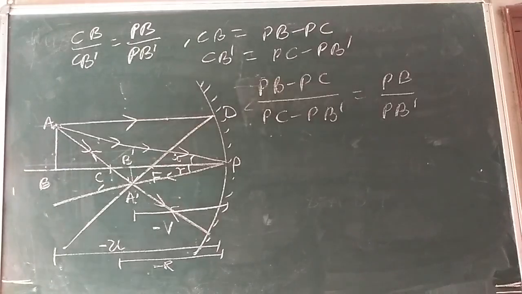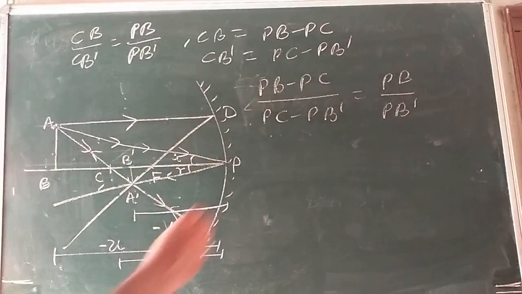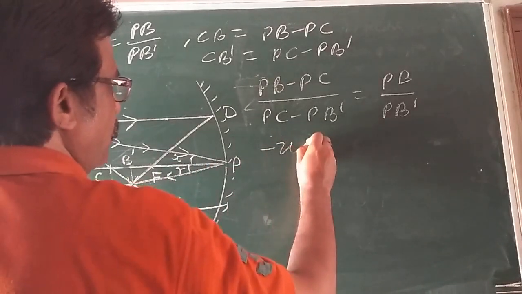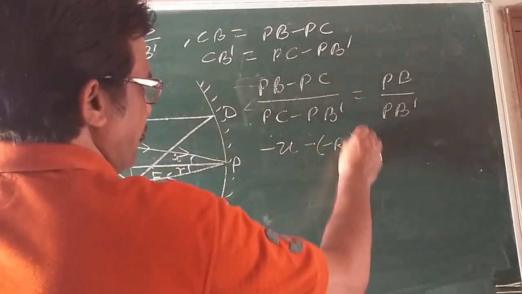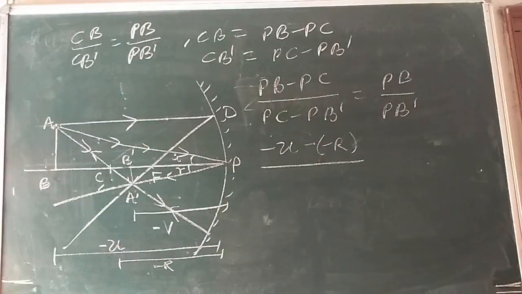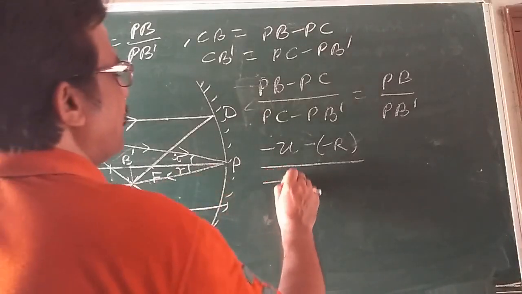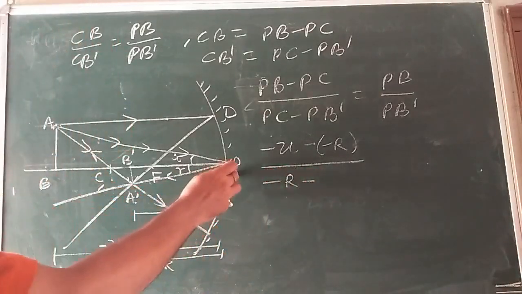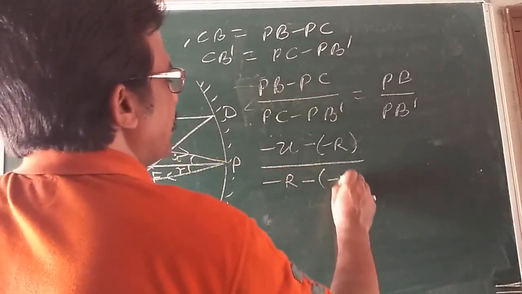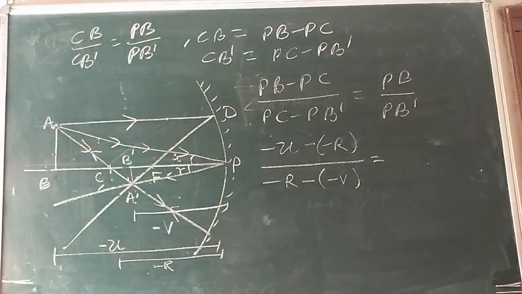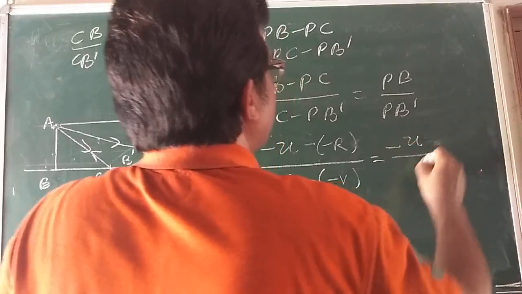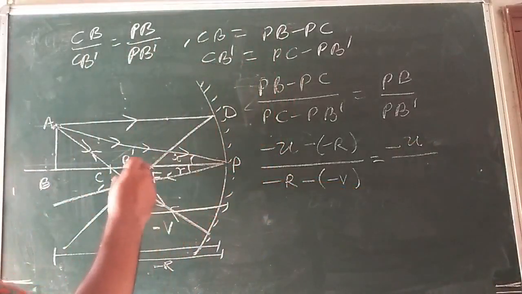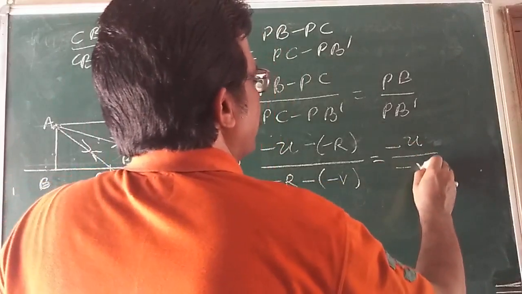What is PB? PB is equal to minus U. minus PC minus R divided by PC minus R. PB dash minus V is equal to PB, that is the distance of the object again, U. PB dash minus V here.